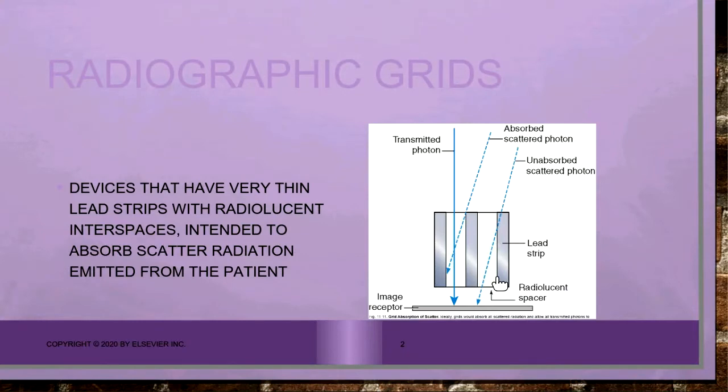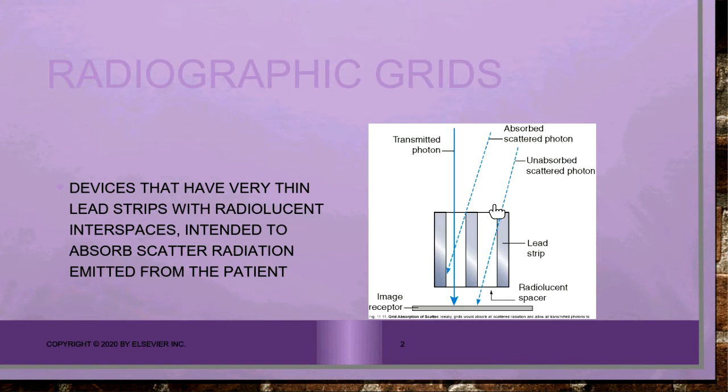In between, there is a radiolucent inner space. Typically, it's made of aluminum, which is atomic number 13. The radiolucent inner space allows photons to pass through, whereas the radiopaque strips ideally capture any scattered radiation.